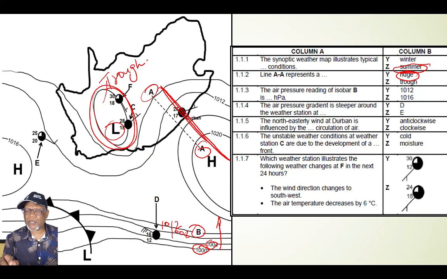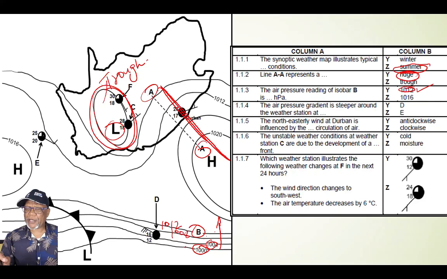So the pressure is increasing towards the H there. This one is 1000, this one is 1004, which means this one will be 1008. Then when you add 4 to 1008, it is going to be 1012. So the correct answer there will be 1012, which is Y.